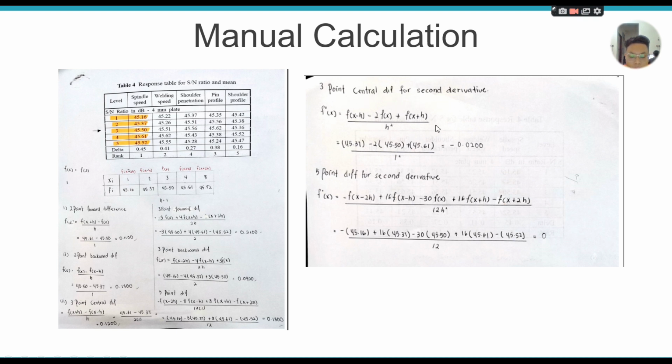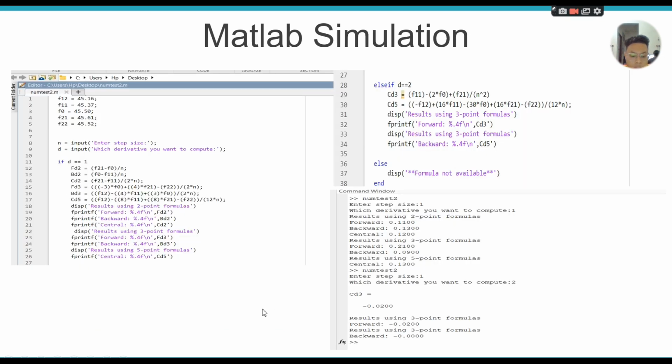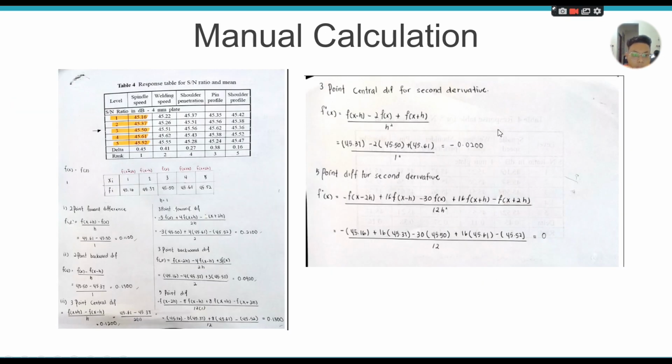This is the formula for the second derivative, and the data we take is from this, and the answer is this. The last one is the 5-point difference for the second derivative. This is the formula, all divided by 12h squared. The data we took from this table and put into the formula. So this is the manual calculation part. Thank you.